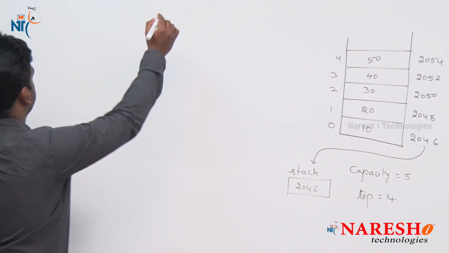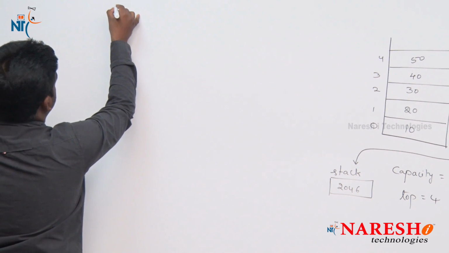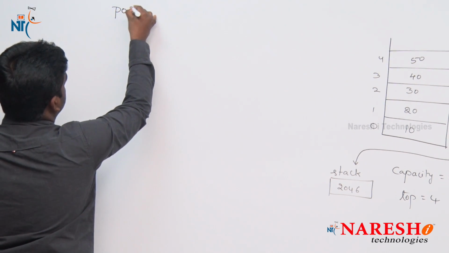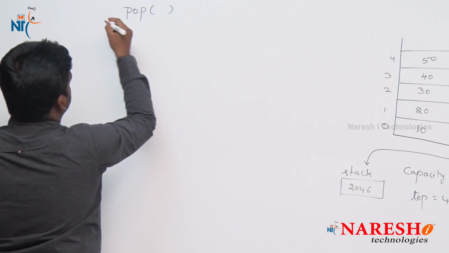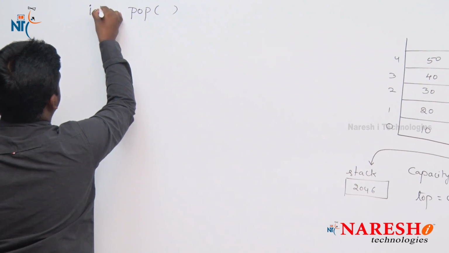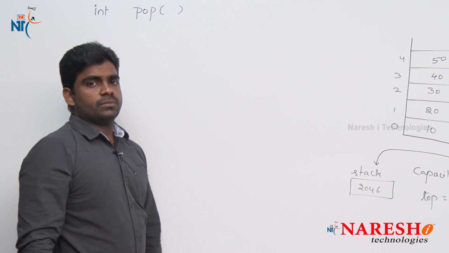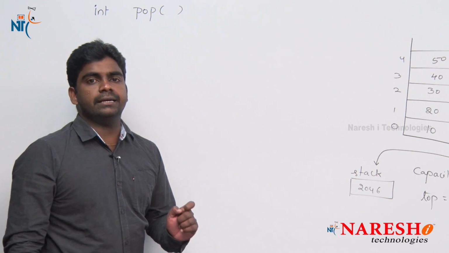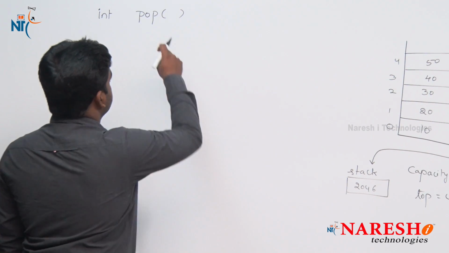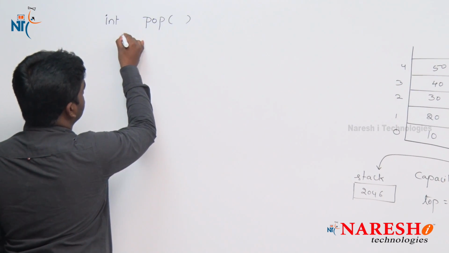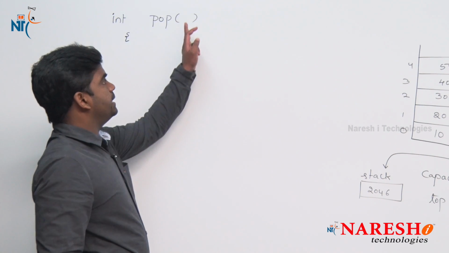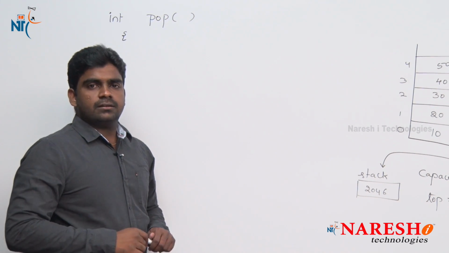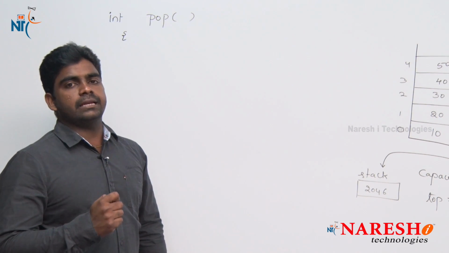The method name is pop. This method should return an integer. So the return type is integer and it is not taking anything. Sir, why is the pop method not taking any element?